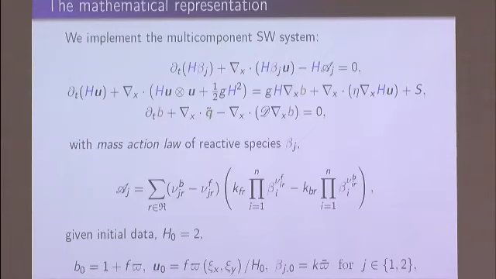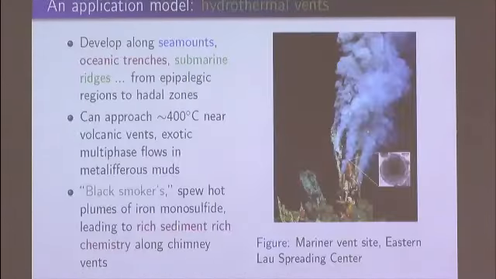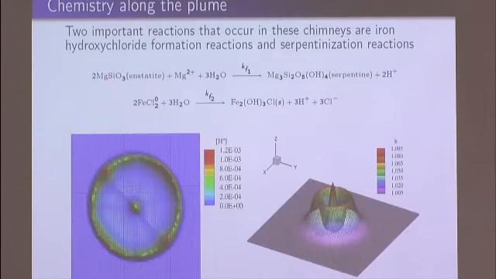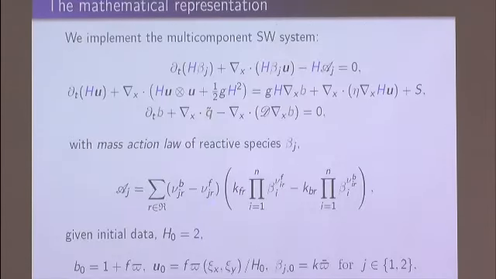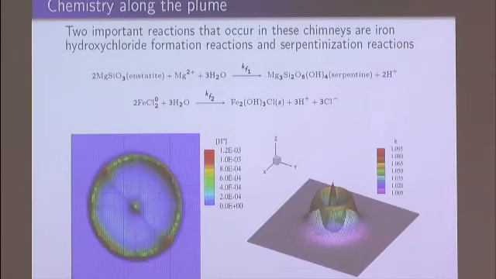And so then you have this law of mass action. You can take this initial data here, and you can couple this chemistry to it. You can look at these hydrochloride formulation reactions and serpentinization reactions, and look at how much acidity you're getting to form around this hydrothermal vent formation as it forms throughout a day.